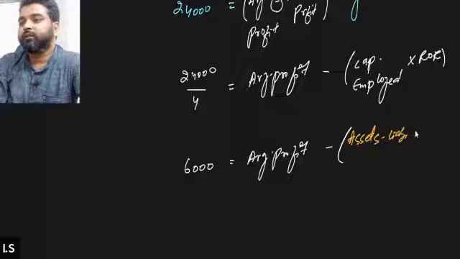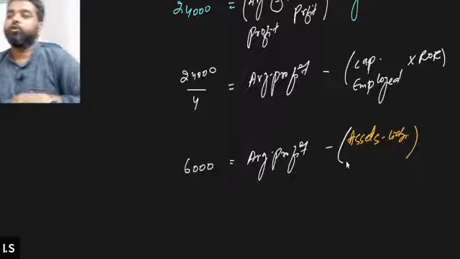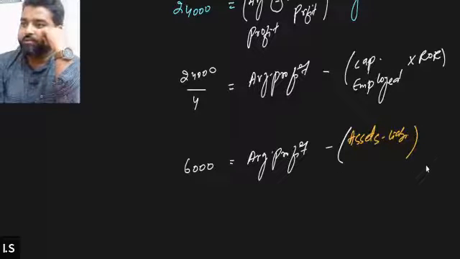So assets minus liability gives us the value of the capital employed. And once we get it, we will simply multiply it with the rate of return. Rate of return is also there in the question. Rate of return is 20%.